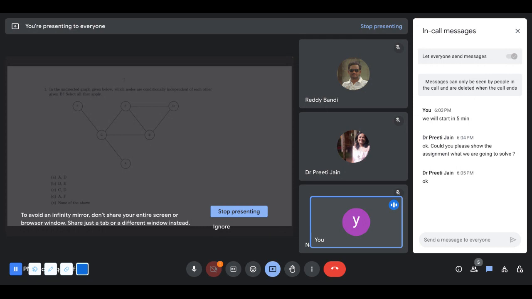Provided this information, which nodes are independent? You can just follow whatever I have said and try to answer.